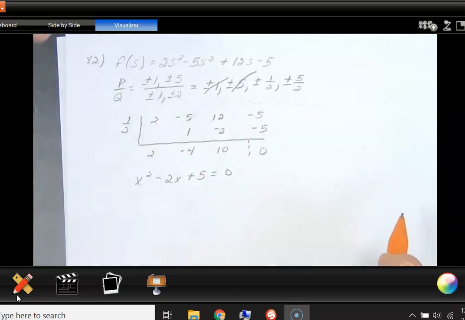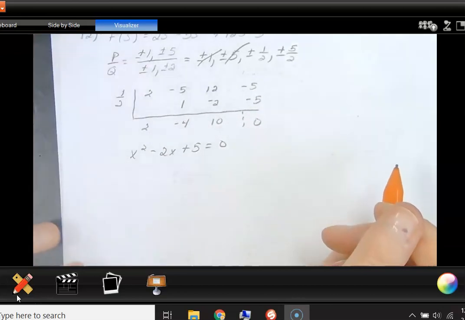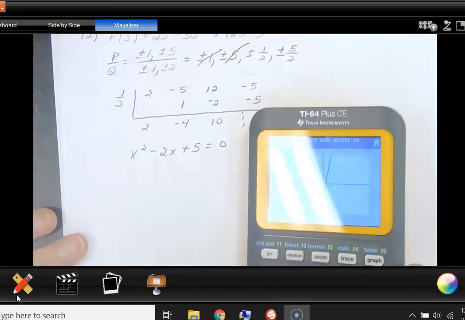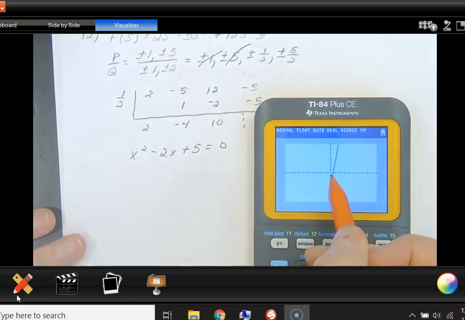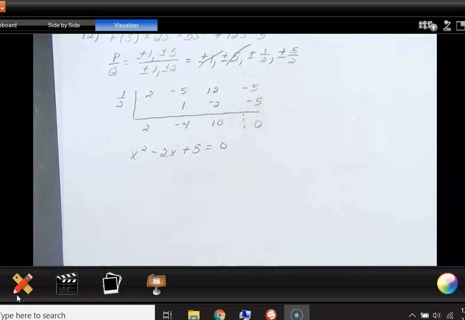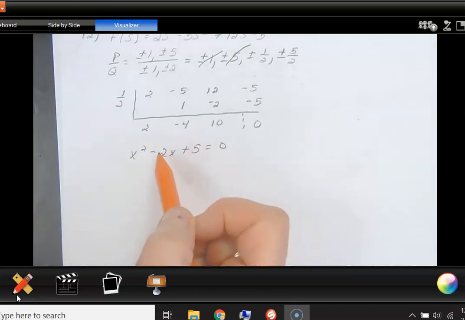Factors of 5 that add to negative 2, well, not going to happen. Plus, we had already sketched the graph. We knew there was only one rational zero here, so the other two have to be imaginary. I think it must want you to list all of the zeros.